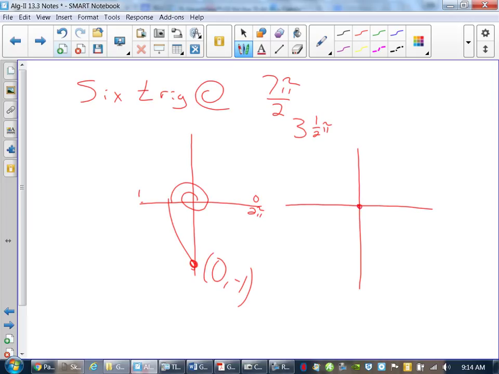Do you agree that if I'm at this value right here, what's my value of x for that ordered pair? 0. If I'm talking about this in terms of a radius, this radius and the y value are the same.